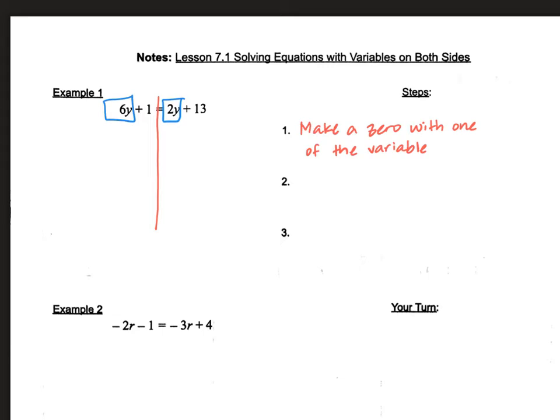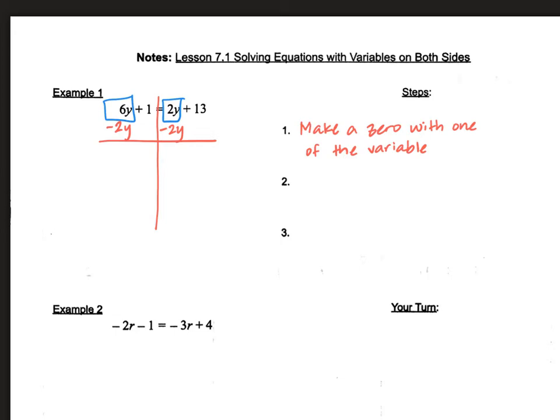And in order to make that one a 0, we're going to subtract 2y, which means I need to subtract 2y also on the left side. So let's see what happens when I subtract 2y. The 2y on the right side and minus 2y, that's now gone.